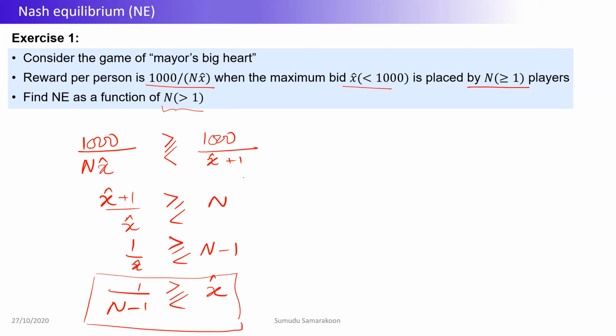That says, in order to consider this part, this symbol, when sticking with the original x hat would be beneficial, that means this condition.